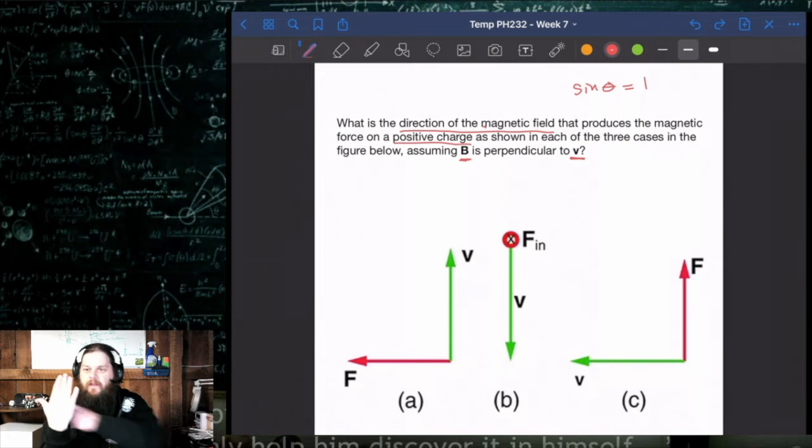So notice my thumb is the same direction as the force, and my fingers are going in the same direction as the velocity. So the only way for that to work is if I curl my fingers. In this case, I'm curling it out of the page.